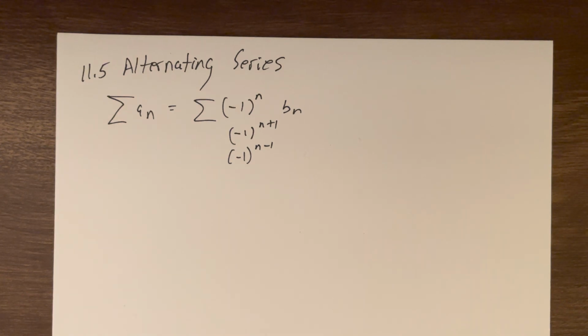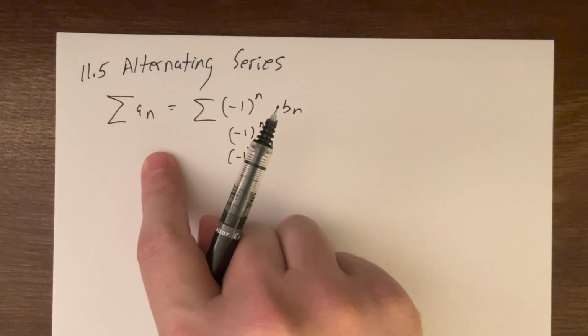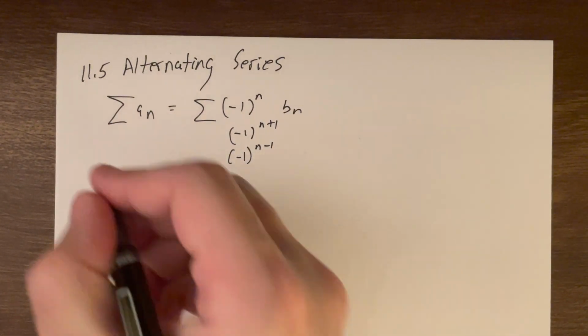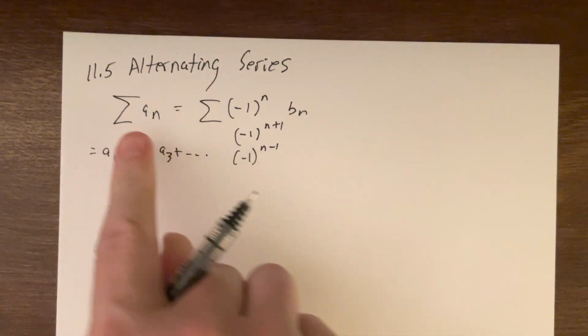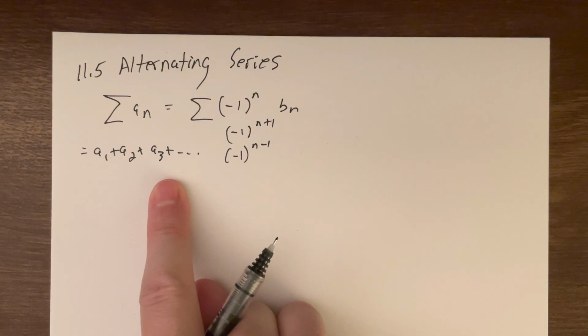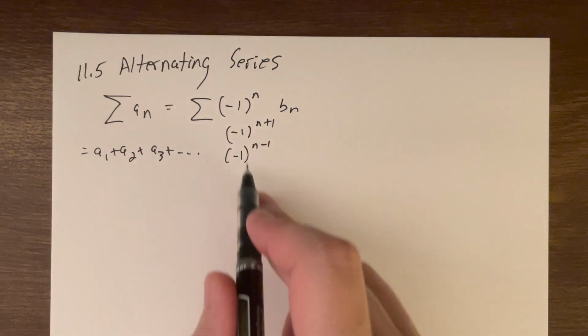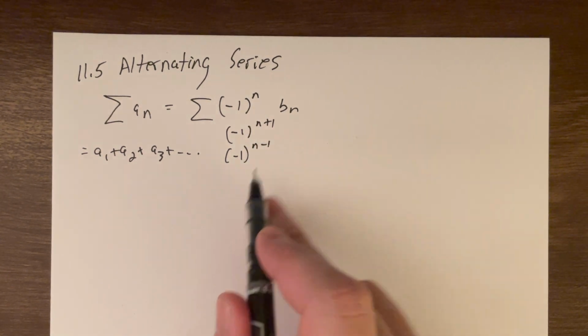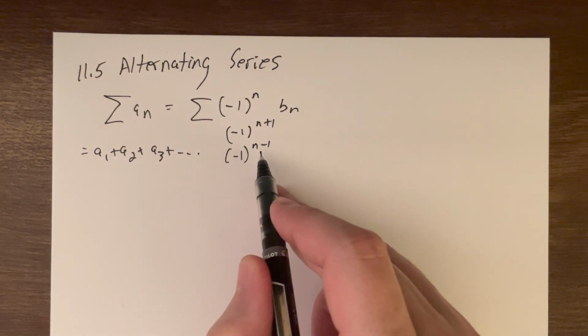And now in this section, this is actually a pretty nice section because we will discuss a pretty nice type of series. An alternating series is considered alternating when, as you go from one term to the next, so if I wrote this out, a1 plus a2 plus a3 plus ... in our typical generic way, what actually happens is you alternate from positive to negative signs. So look at these little three variations I have written right here. Minus 1 to the n, or minus 1 to the n plus 1, or minus 1 to the n minus 1.